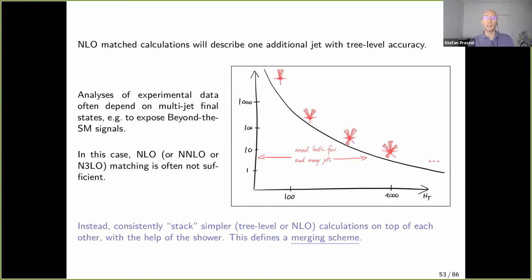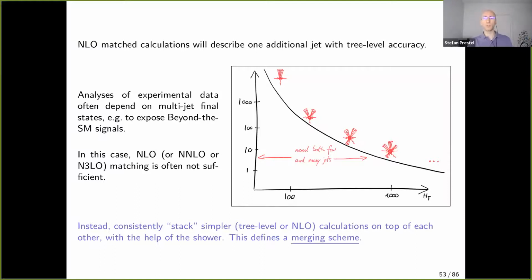Quite often, experimental data analysis requires more particles to initiate jets than just one or two extra from a simple process. For example, if you look at the transverse hardness measured in a detector, which is typically very high for beyond the standard model signals and somewhat low for standard model backgrounds, these observables depend on any number of jets.